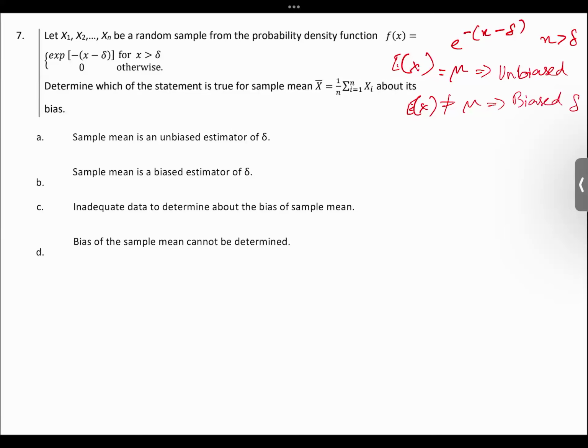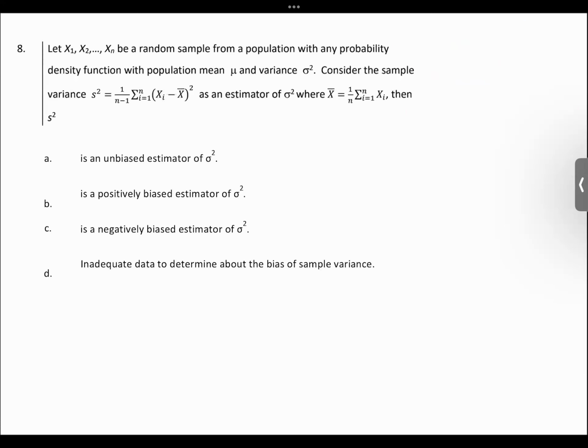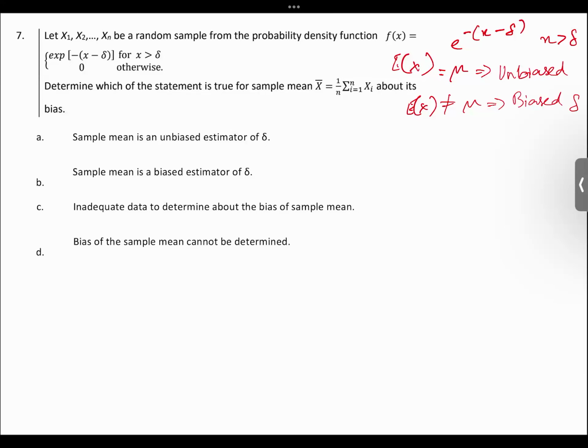So let's first calculate that. We know the PDF. So expectation of xi can be written as the integral from delta to infinity, since x can go up to infinity, of x times your PDF.